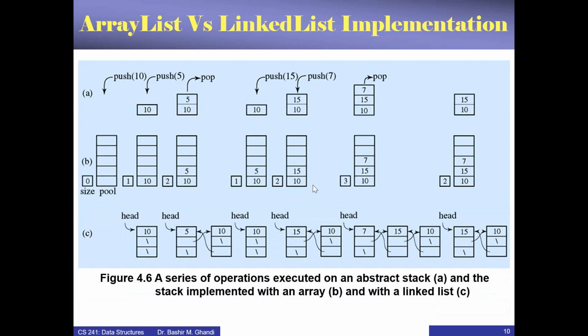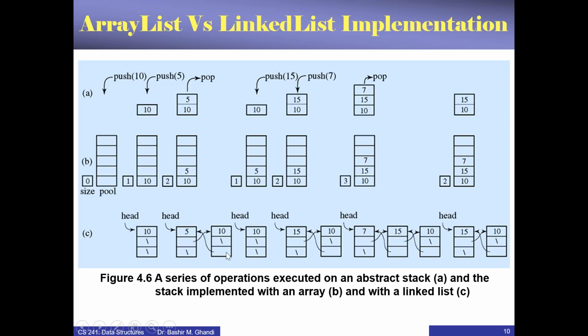Whereas this figure for the linked list shows there is no such problem, because in a linked list we only create the nodes that we need at any given time. So when you say push 10, a node will be created containing 10. Push 5, a node will be created containing 5, so now we have 2 nodes. Pop, so this node will be deleted and we are back with only 1 node.